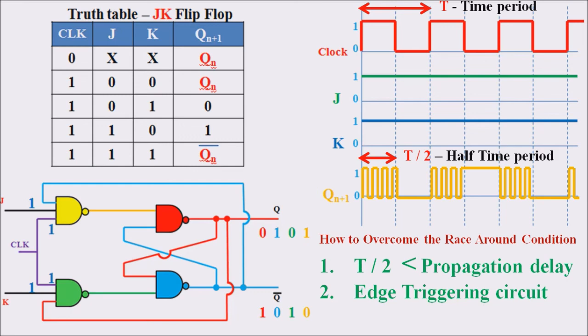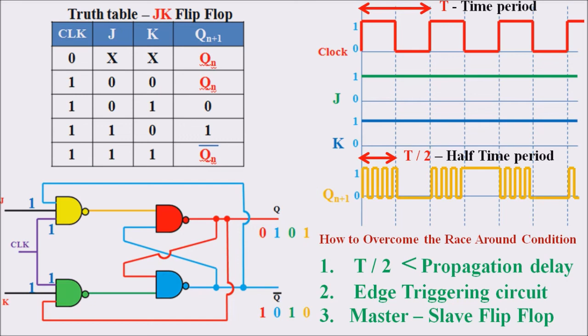And the third, most important and most commonly used method is the master-slave flip-flop concept. So my dear students, this master-slave flip-flop is the most common and most widely used mechanism, and we are going to discuss how to overcome this race around condition with the help of a master-slave flip-flop in the upcoming lecture.